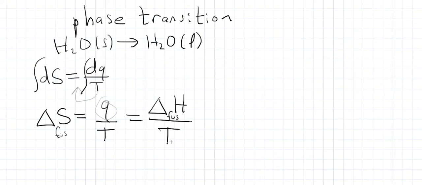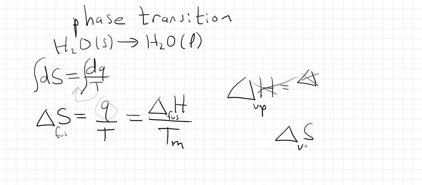And the temperature we're talking about is the melting temperature. And we could do the same thing for vaporization or for any other phase change like this. Let's cross this whole thing out. We were looking for the entropy change, and that's just the enthalpy change divided by the temperature.